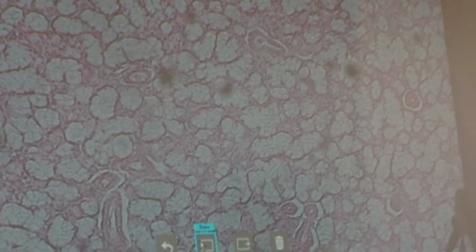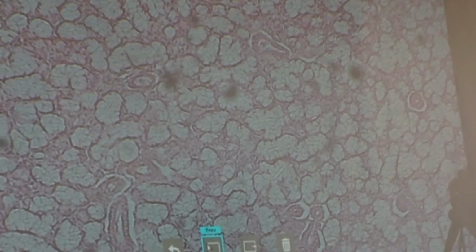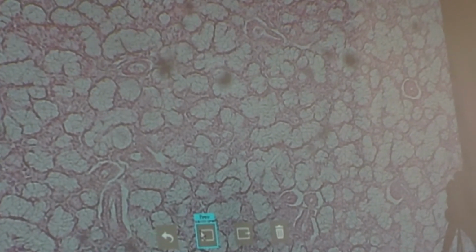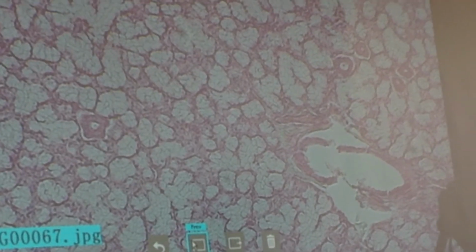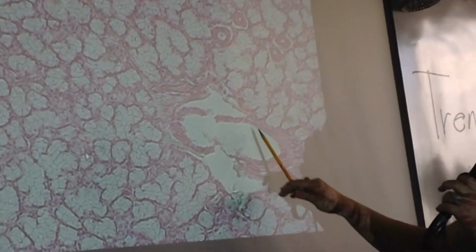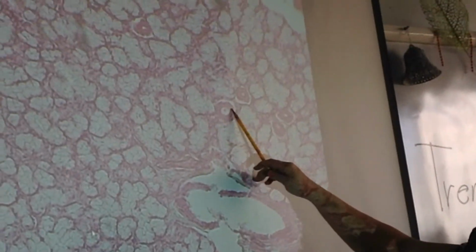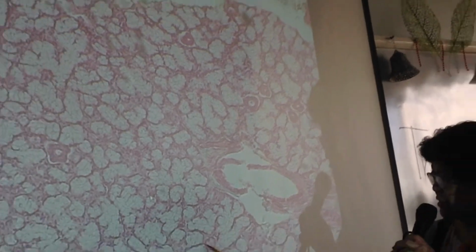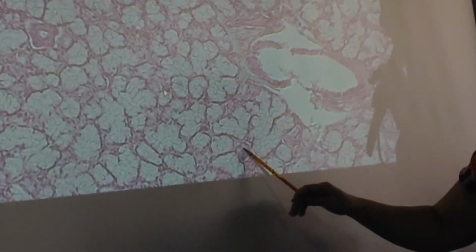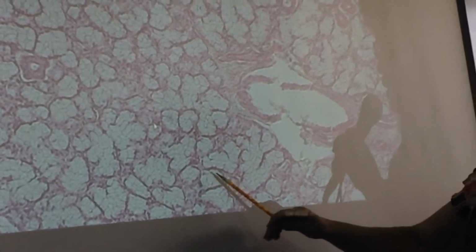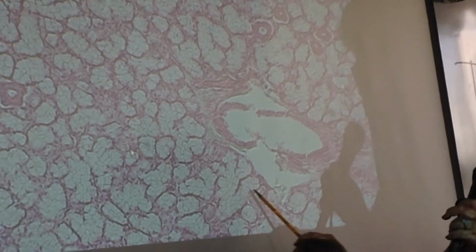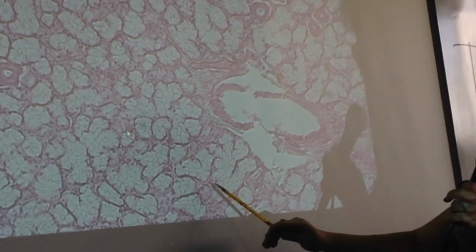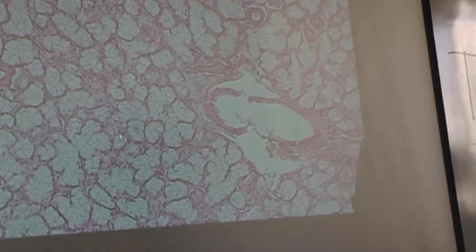Again, you locate and identify your inter and intralobular duct. This is your interlobular duct, and this is the intralobular duct. And this is the serous acinus. Look at that: plenty of mucous, then one serous acinus.